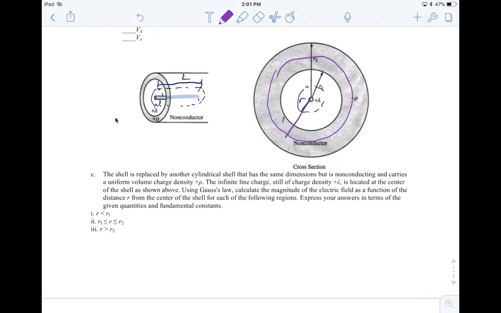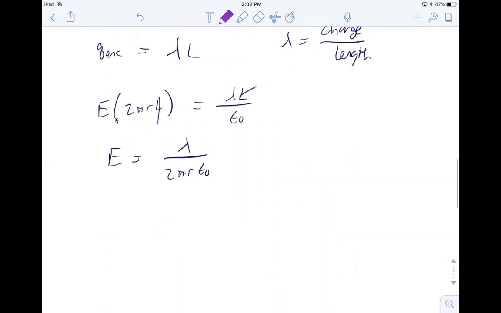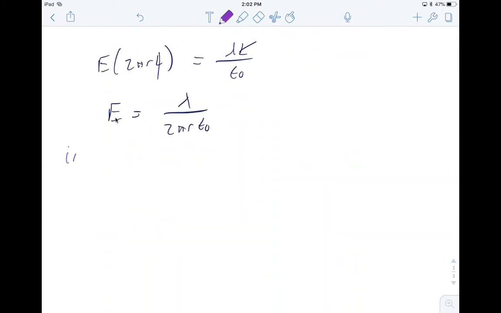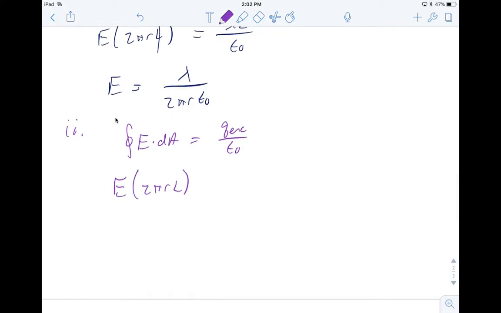So new radius is R. The left side of the equation will look exactly the same. We're going to get closed integral E dot dA equals Q enclosed over epsilon naught. And this left side looks exactly the same: E 2 pi r L. Okay, so we just need to deal with Q enclosed.